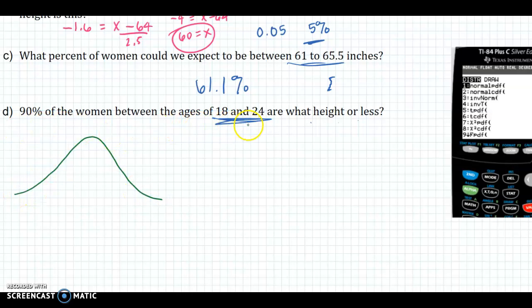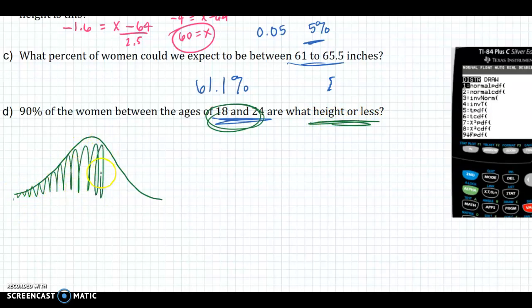So remember, this is just our original definition. Like we want this to be 90%.